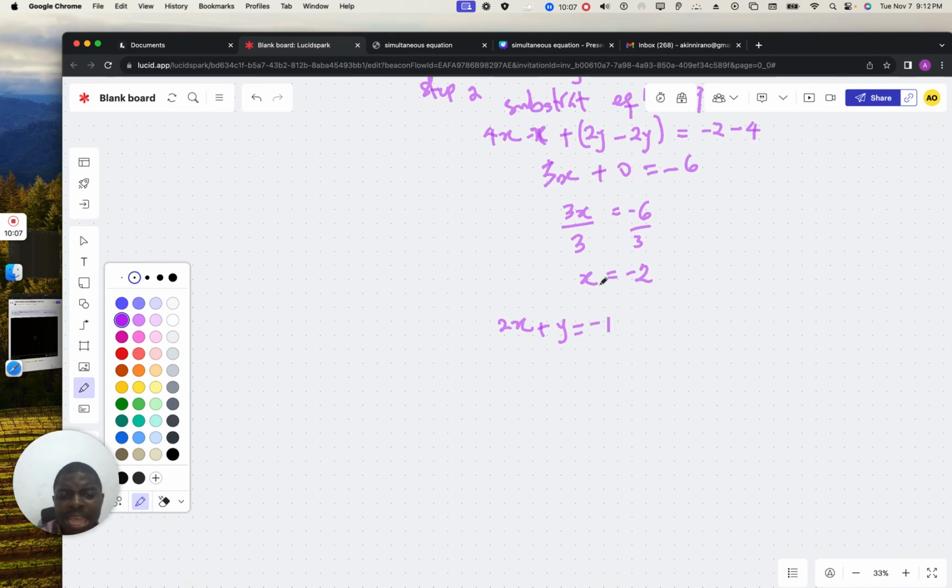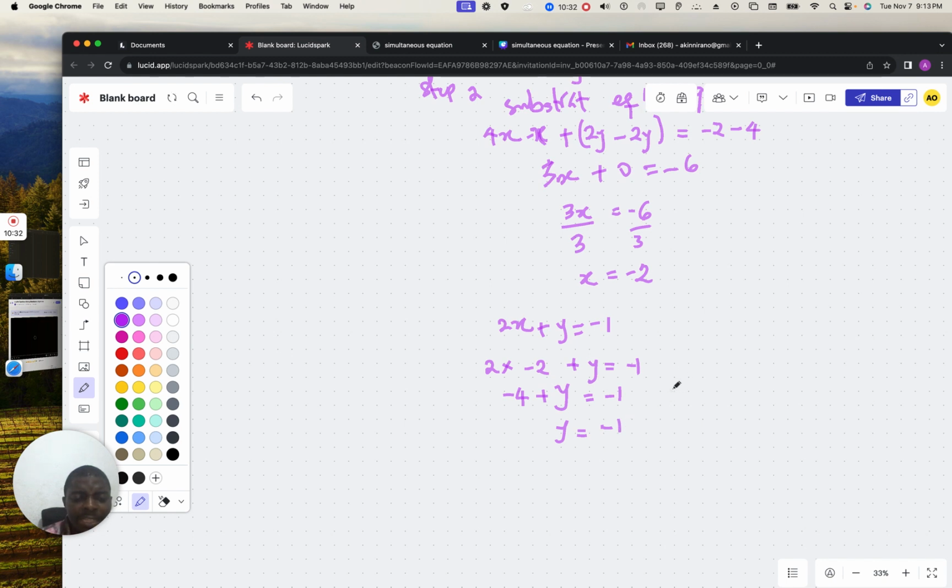Now we've gotten the x value, so it's now going to be 2 times minus 2 plus y is equals to minus 1. So if you multiply this together, it's going to give you minus 4 plus y is equals to minus 1.